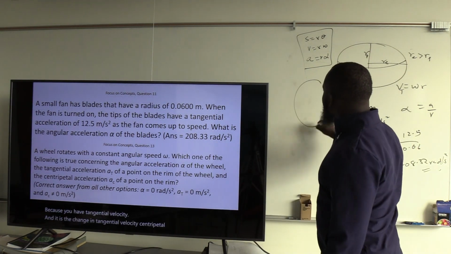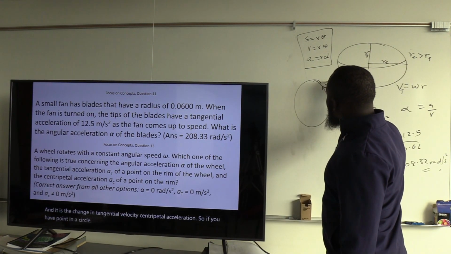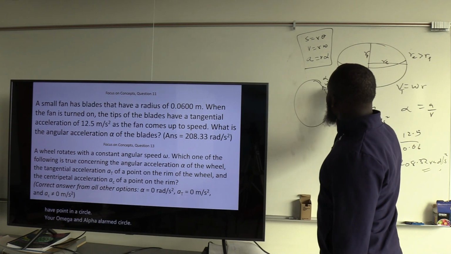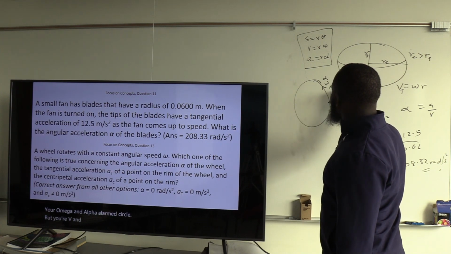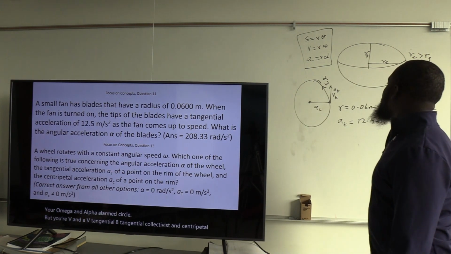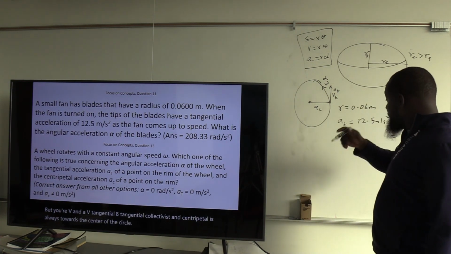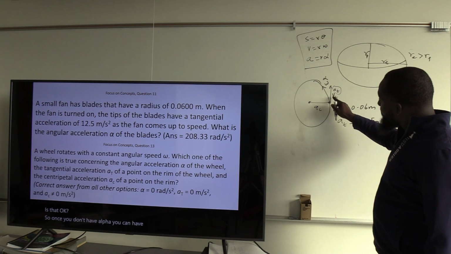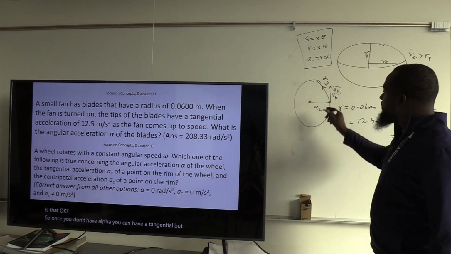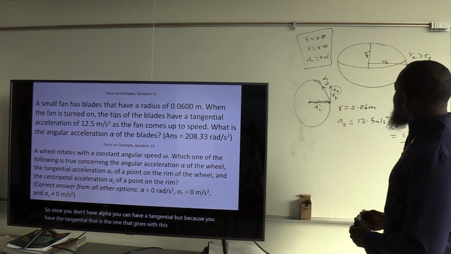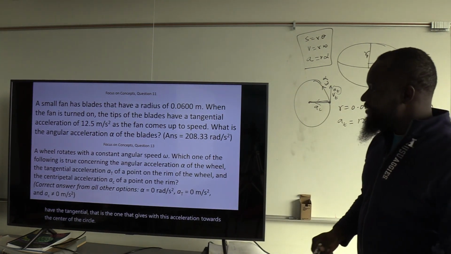So if you're going in a circle, your omega and alpha are around the circle, but your V and A tangential go like this, and centripetal is always towards the center of the circle. Once you don't have alpha, you can't have A tangential, but because you have V tangential, that is the one that gives this acceleration towards the center of the circle. Okay, so that's the correct answer.